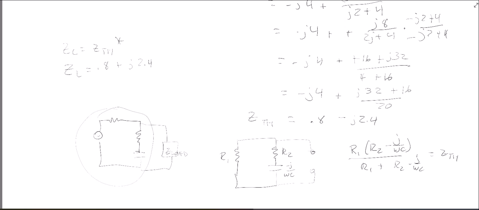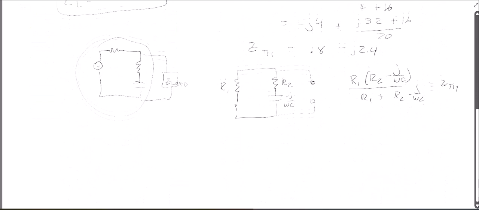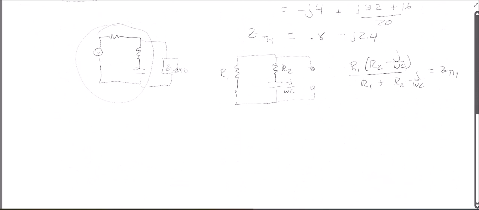Okay, so we discovered that for maximum power transfer we would want Z load to be 0.8 plus J2.4. The second part of the problem is how much power would that be? We know that when we have maximum power, the maximum power is going to be the magnitude of the source voltage squared over the real resistance of our load.